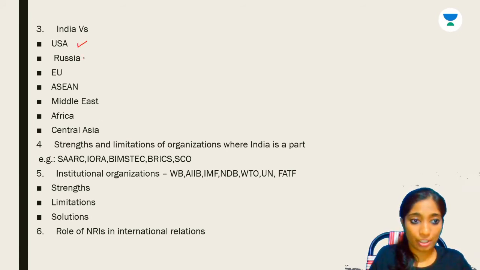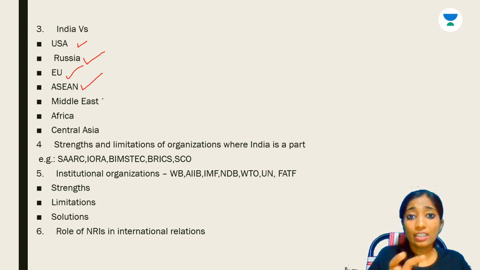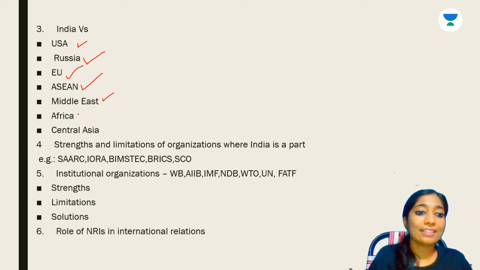And then apart from the neighbors, we have to see India versus USA, Russia, the European Union, and another bigger one, ASEAN. Then Middle East countries, especially Israel, Palestine, and Saudi Arabia, the Gulf regions, because the Gulf comprises most of our NRIs, and then Africa and Central Asia.